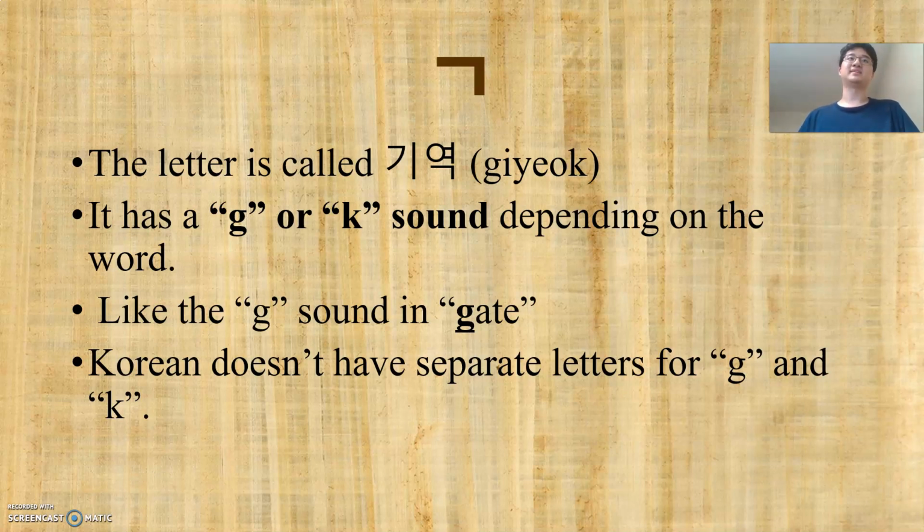This letter has a g or a k sound depending on the word. And this kind of sucks because you have to know when the 기역 is pronounced g or k, because Korean doesn't have separate letters for the g and k sound. But just know it could have a g sound or a k sound depending on the word.